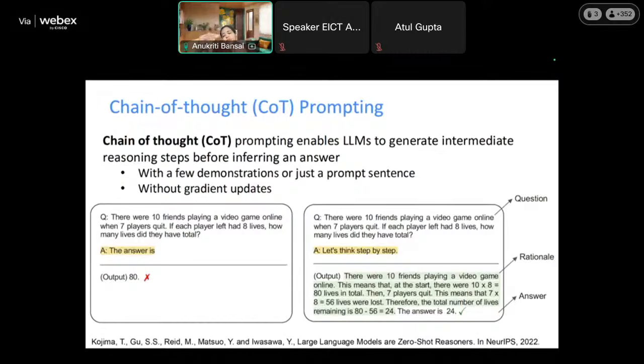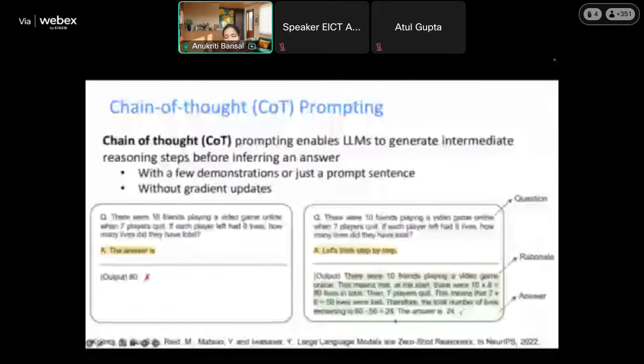It will first divide the problem, think about it, and try to solve it in different steps. When they use these steps to generate the answer, the answers are more accurate. Okay, so this is called chain of thought prompting.